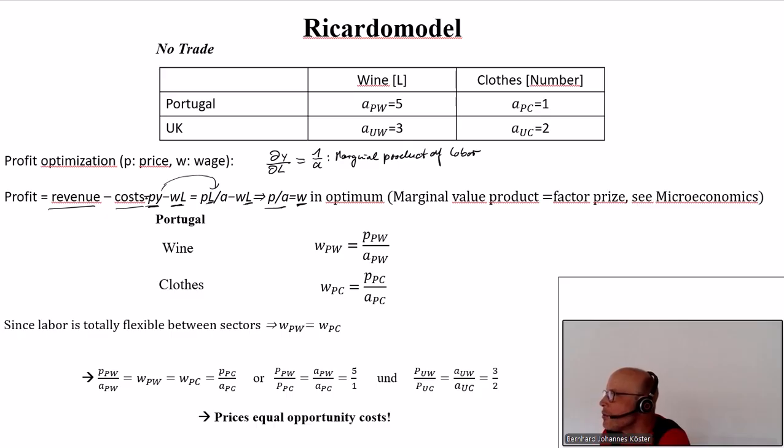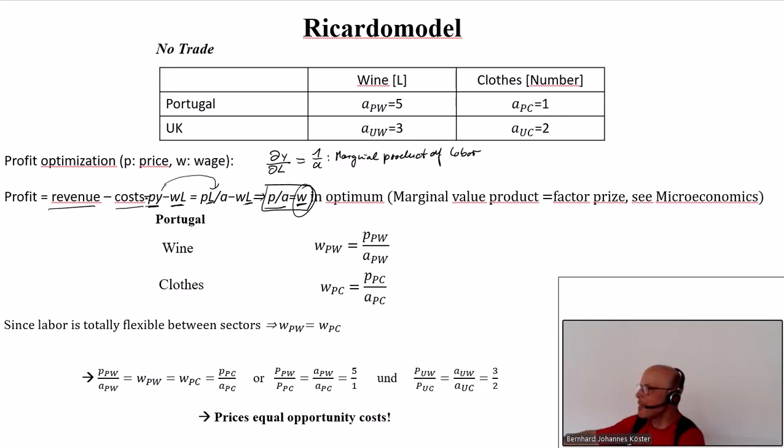What are you doing in optimum? In general, if you are a profit maximizer, the marginal value product has to coincide with the price of your input factor. This is the very general optimal condition you have, and nothing else is what we have here, because wage is just the price of labor.